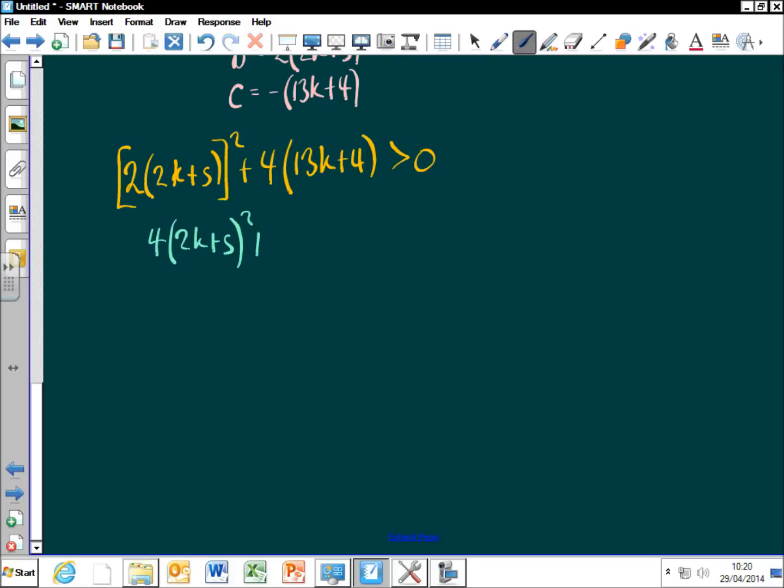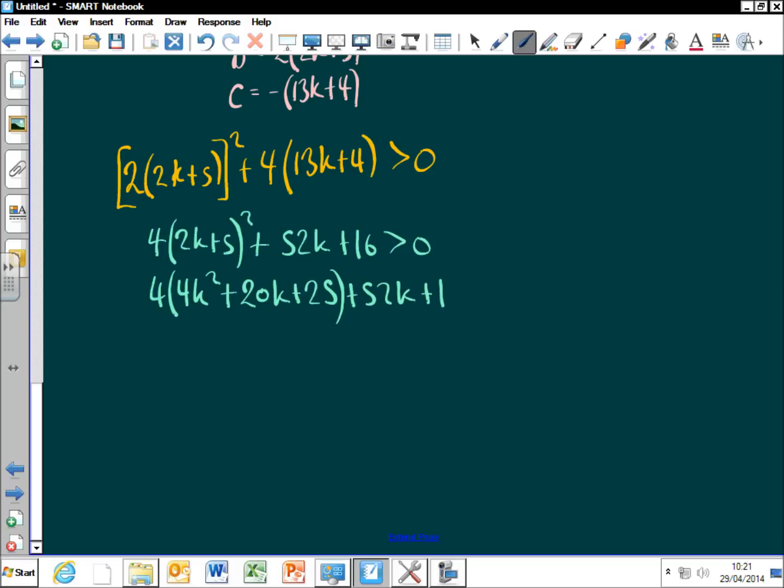Multiplying this out, I'm going to get 4 times 13, which is going to be 52, plus 16, and that's still greater than 0 if it's going to have 2 distinct roots. I'm then going to have to square this, so I'm going to get 4k squared plus, what am I going to get here, 2k times 5, and that's 20k, plus 25, plus 52k plus 16, greater than 0.